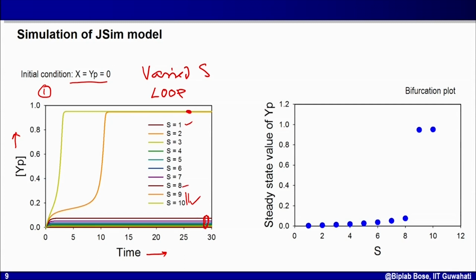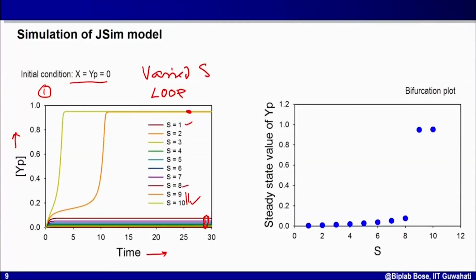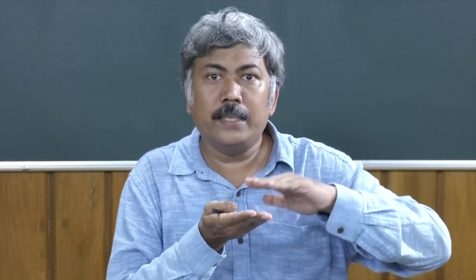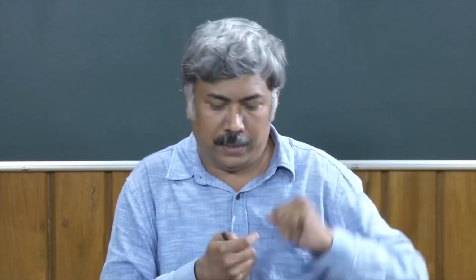So you can easily see, depending upon the input signal s, I am getting two different regimes. Till s equal to 8, I have got steady states which are very close to each other and at a lower value of yp. Whereas when I have increased s to 9 or 10, they bunch together and give me a higher steady state.